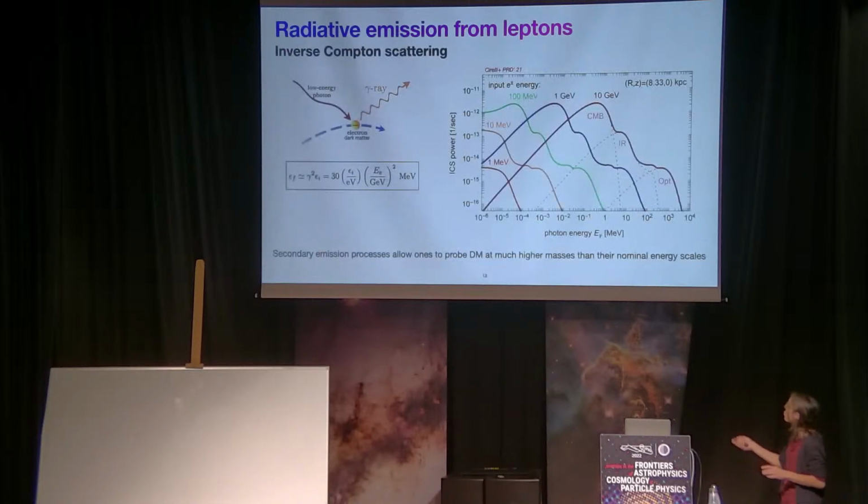But the inverse Compton power goes like 1 over m to the 4th, and so you have a suppression by the 4th power of the mass. That's why the inverse Compton is very efficient for electrons, a bit less for muons, but not at all for protons. But in principle, you also have inverse Compton from protons.